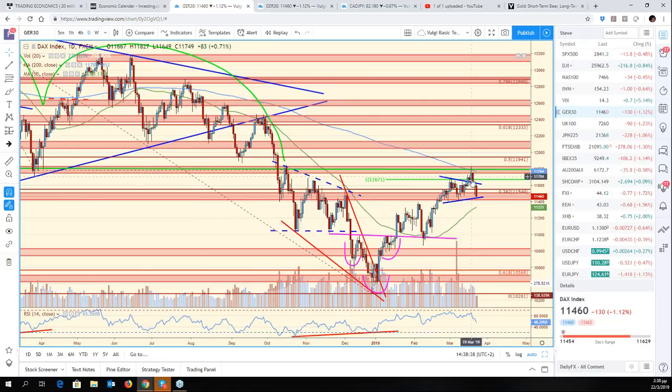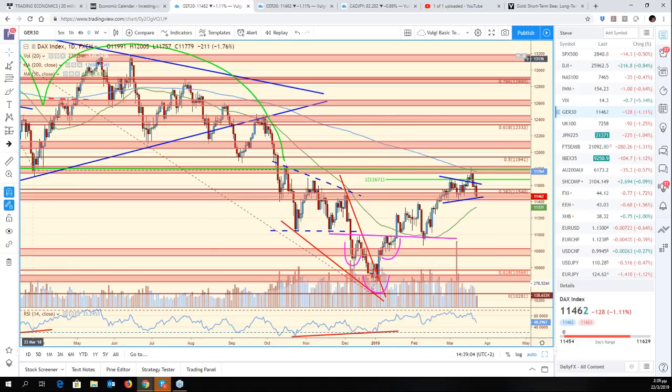Having that triangle break to the upside, one last thrust higher from there, and then immediately falling back in the triangle. We're actually now testing this important support roughly at 11,450, especially if we break that one as well. I think that the next downside support is 500 handles lower at 11,000.